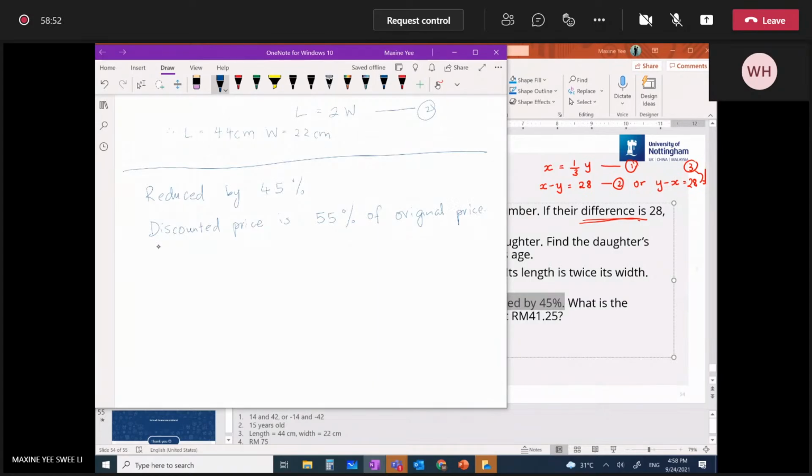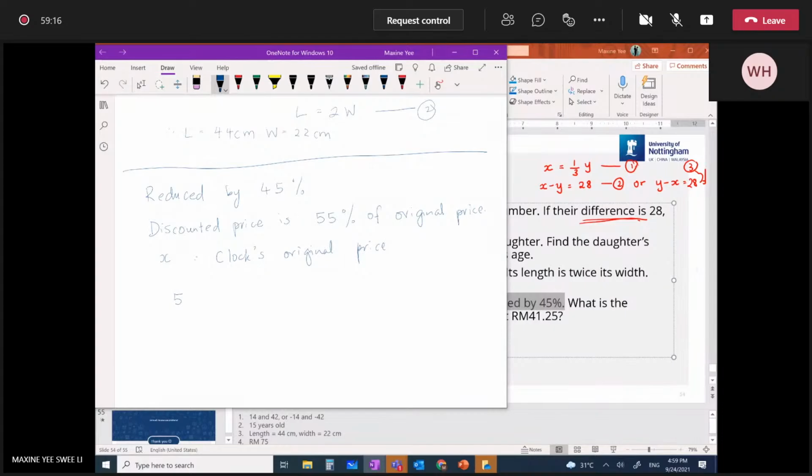Okay, so we can say that X is the clock's original price. Okay, this is just an example of how I will write the statement. Okay, so the discounted price will be 41.25.